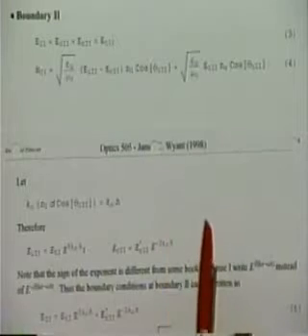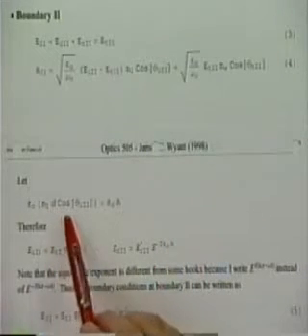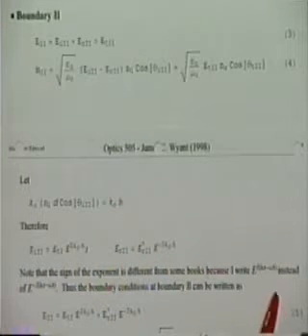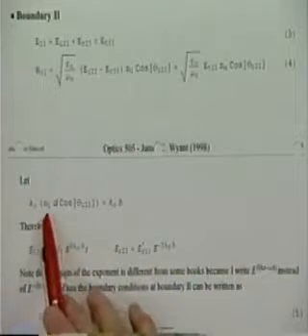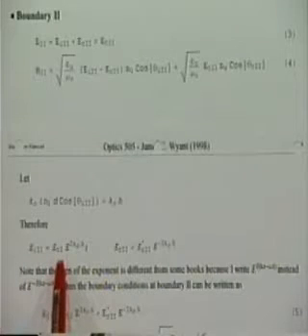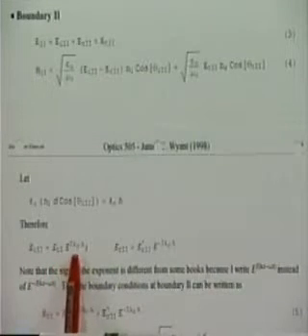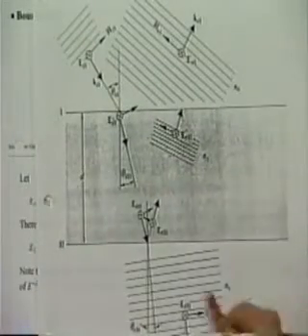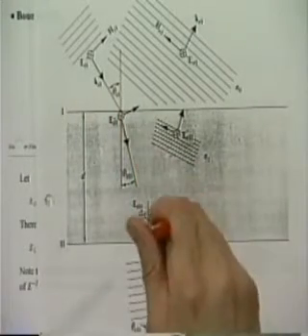Now we go on here, and K naught N1 d cosine theta I2. Let's set that equal to K naught H. So K naught N1 d cosine theta I2 is K naught H. And just to simplify it a little bit, we could say that E sub I2 is E sub T1 e to the I K naught H. So we're just propagating from here to here.